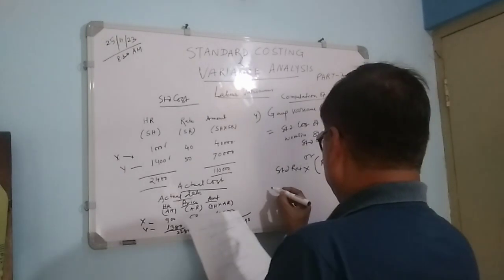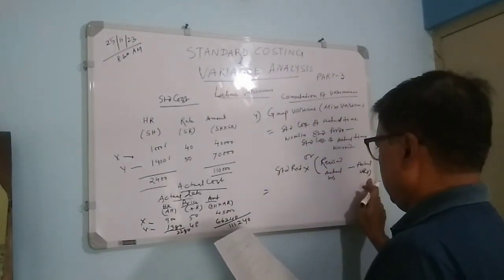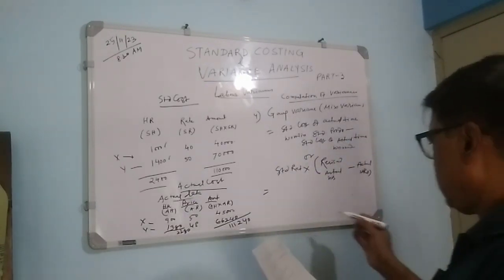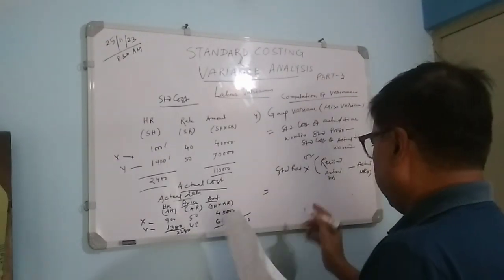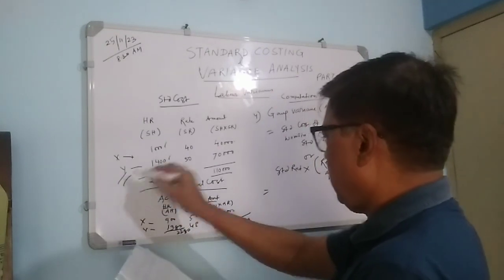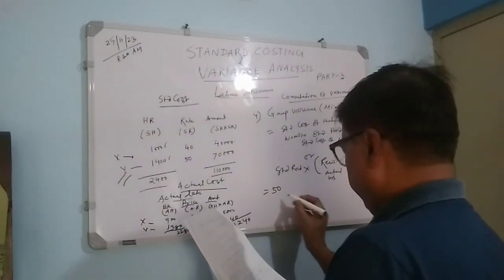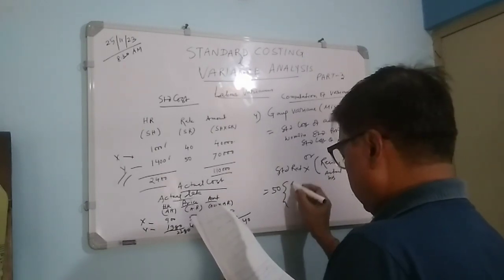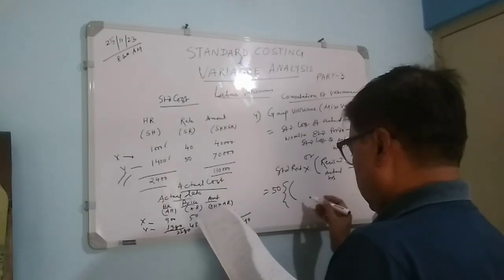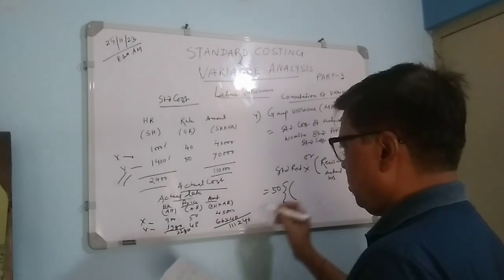You see that in this formula, the standard rate you know, actual hours also you know, but the only thing we do not know is the revised actual hours. So how will we calculate revised actual hours? Suppose for any labor, your standard rate is 50 into revised actual hours.